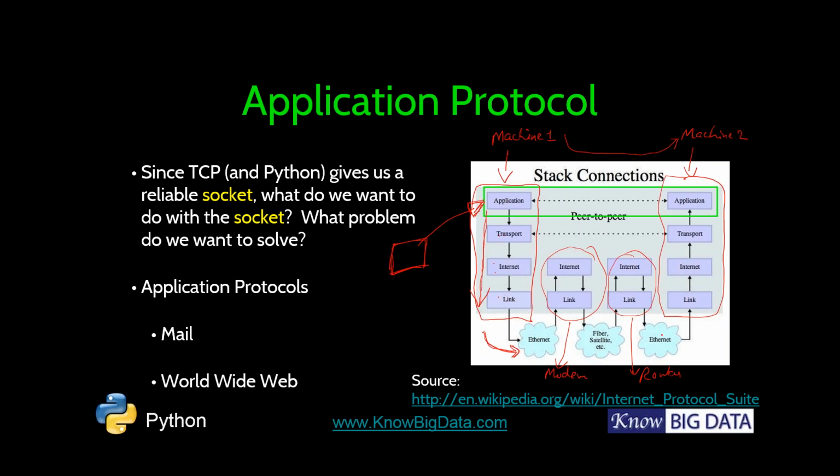When the data is sent, each of these layers adds some headers, 1, 2, 3, 4. When the data reaches the destination, machine 2, these headers are chopped off one by one, and at the end the data is received.